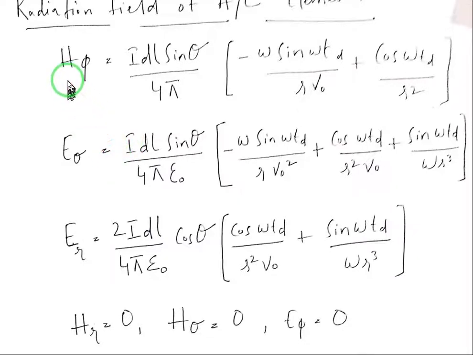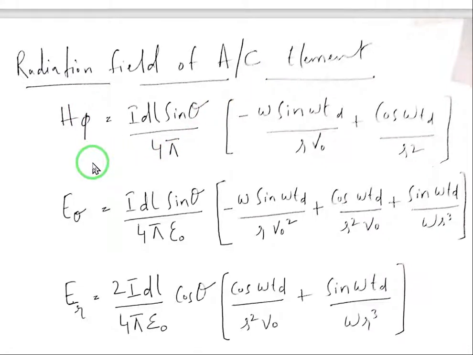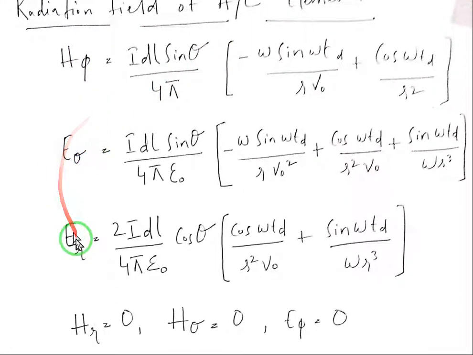For magnetic field we have H theta, H phi and HR, and for electric field we have E theta, E phi and ER. So for radiation field for alternating current element, only three values exist. The values that exist are for H phi, E theta and ER.